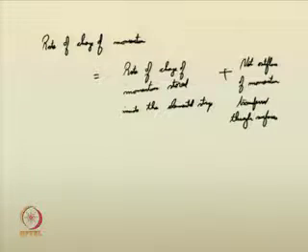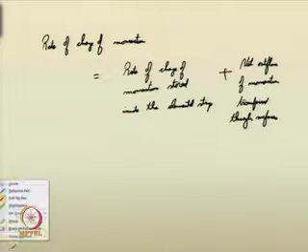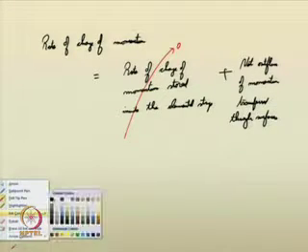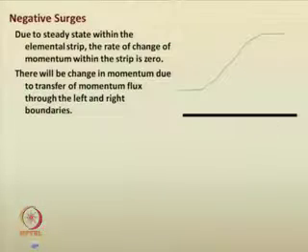So, due to the steady state condition, this quantity is 0, or we are not taking it into consideration. Within the elemental strip, the rate of change of momentum of the strip is 0. Therefore, whatever momentum is transferred through the left and right boundaries, because this is a predominantly one dimensional flow, only the left and right boundaries allow transfer of momentum.